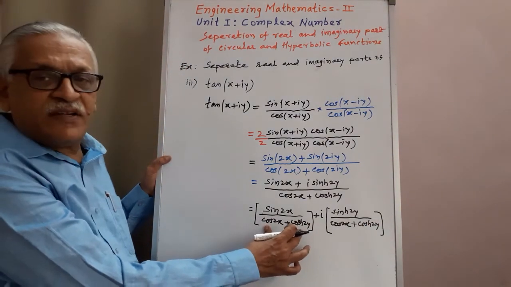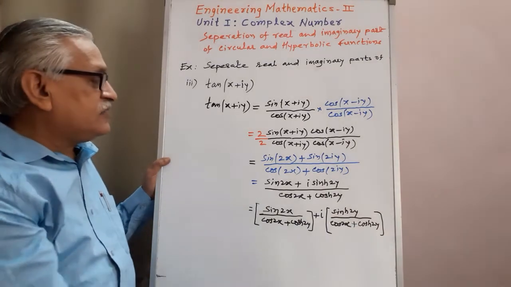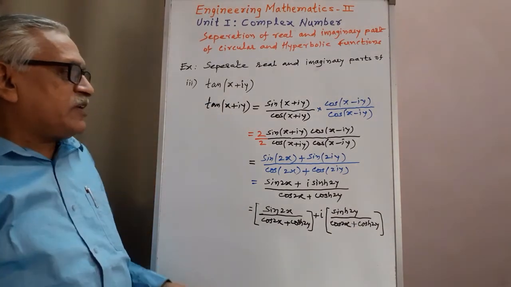Therefore, this is the real part and this is the imaginary part of tan of x plus iy.